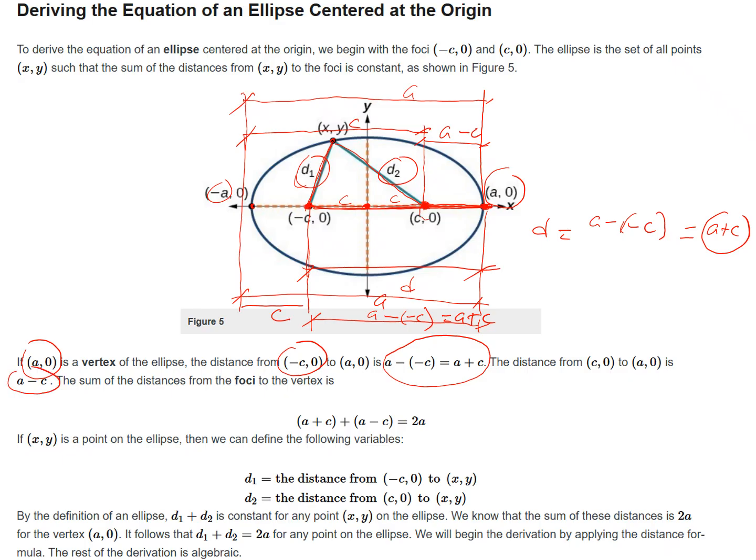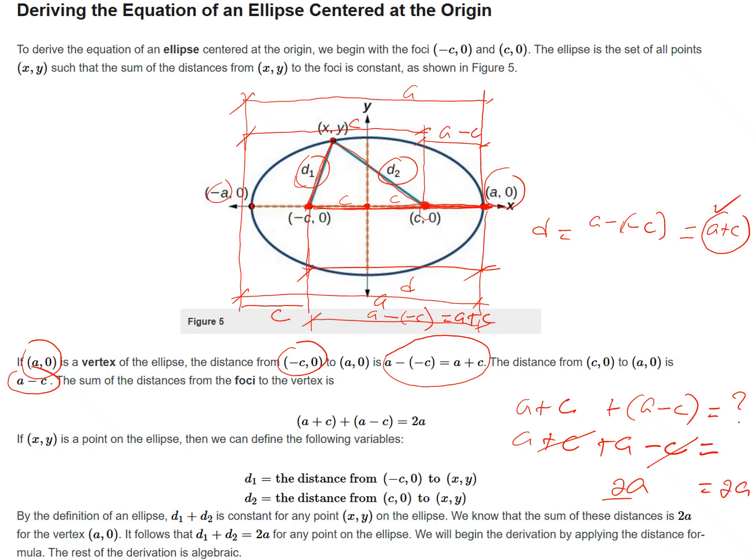So the sum of the distances from the foci to the vertex is simply a plus c, which is this one, plus a minus c, which is equal to, so we have a plus c plus a minus c, so we have positive c, negative c, so a plus a is 2a.